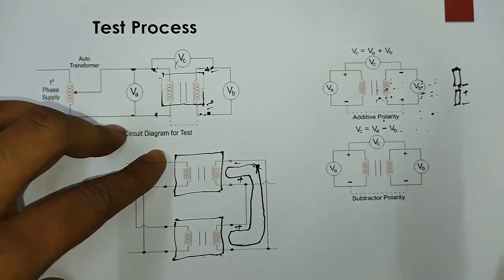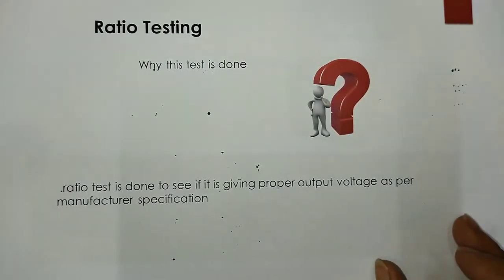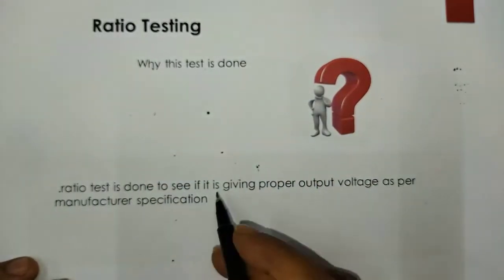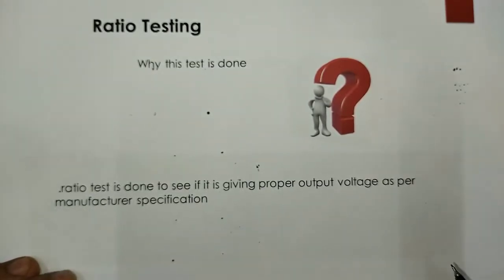Now we'll go for the ratio test. First of all, why is this test done? The ratio test is done to see if the transformer is giving proper output voltage as per manufacturer specification.